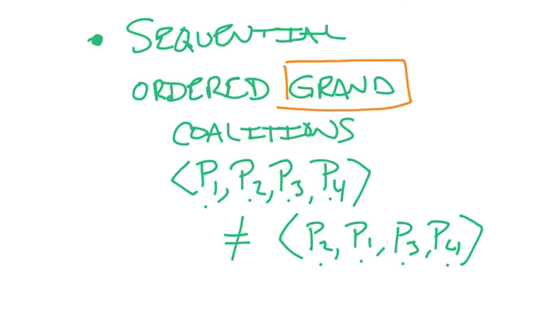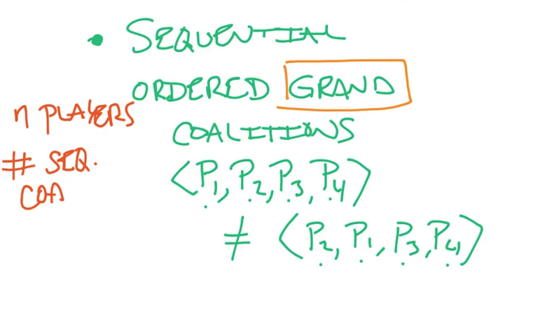Because, as we pointed out in the last class that we had on Monday of last week, there are a lot of these things. There are a ton of ordered coalitions, these sequential coalitions. If there are n players, then the number of sequential coalitions is actually very large.